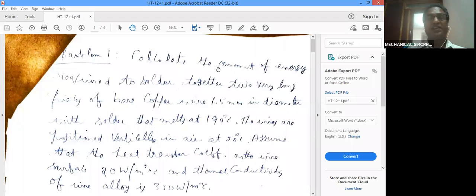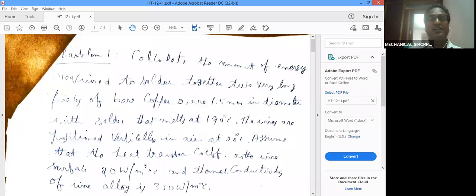Still there are only 48 students attending the class. What about the remaining students? There are still 55 or 60 students. If you attend like this, it is very difficult to pass the heat transfer subject.